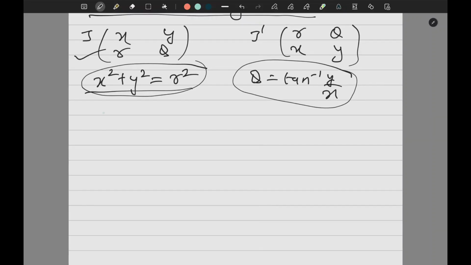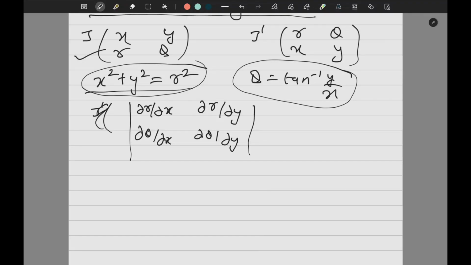Now for the second part, you need dou r by dou x. Now j dash is this thing, right? So basically you need dou r by dou x and dou r by dou y, dou theta by dou x and dou theta by dou y. Now how to get dou r by dou x? Here differentiate: 2r dou r by dou x is equal to 2x.